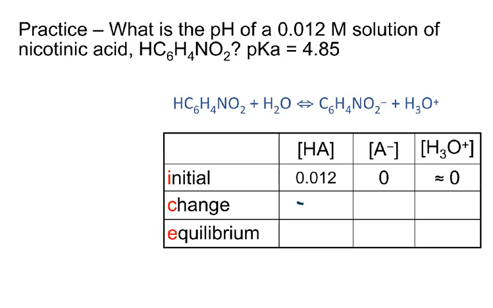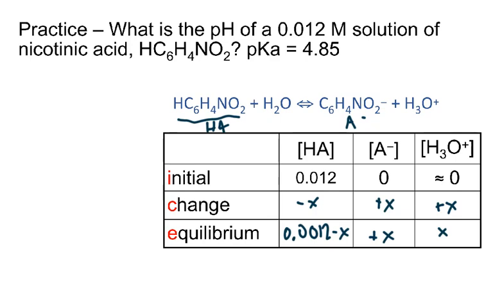So again, we're going to lose some X and gain X for my products. The HA and A minus is just, instead of writing all of this out, a generic acid and then its conjugate base.